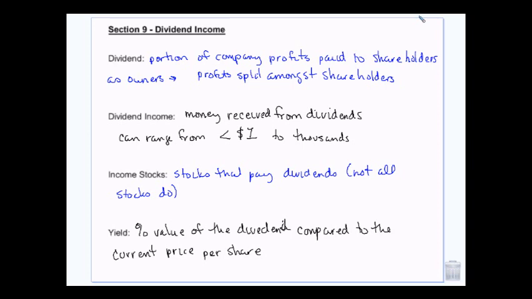So if a company has a profit and there's 100,000 shares of stock outstanding, it gets divided by 100,000, and you get equivalent to that times the number of shares you have. So people with 1 share will get less than people with 500 shares. The money received from dividends can range from less than $1 per share to thousands of dollars per share. Just depends on the company.